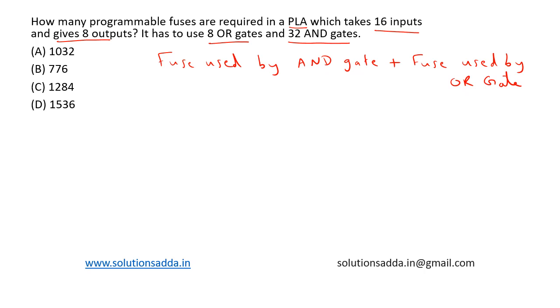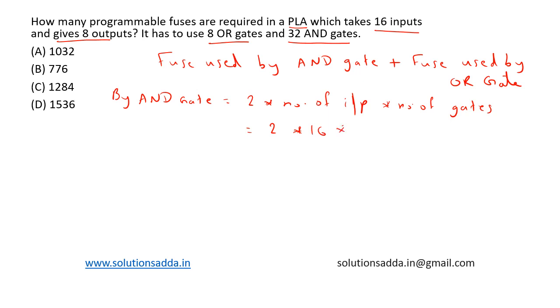So fuse required by AND gate is equal to 2 into number of inputs into number of gates, which is equal to 2 into number of inputs is equal to 16 into number of gates is equal to 32, which is equal to 1024 fuses for AND gate.